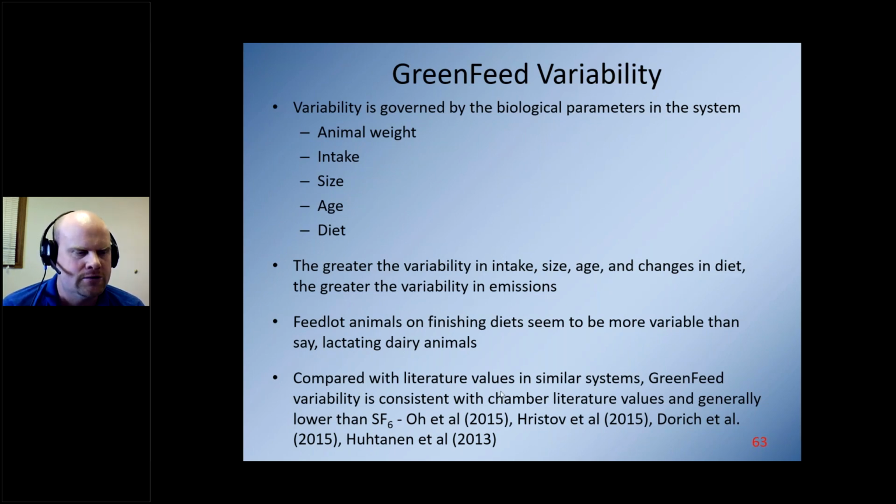So you might ask, well, is GreenFeed more variable than other methods? It really isn't. And what I mean by not variable is when we take averages over a period of time and compare that with biological parameters or method predictions, the variability is within the range of what we would see in other systems.